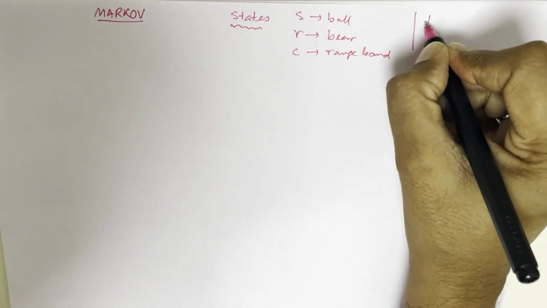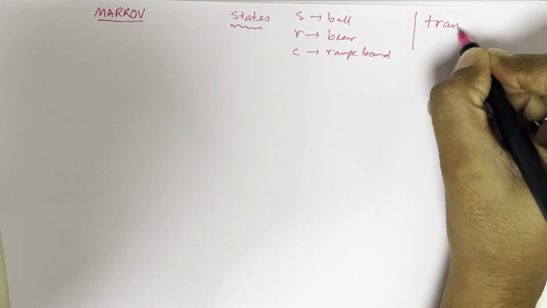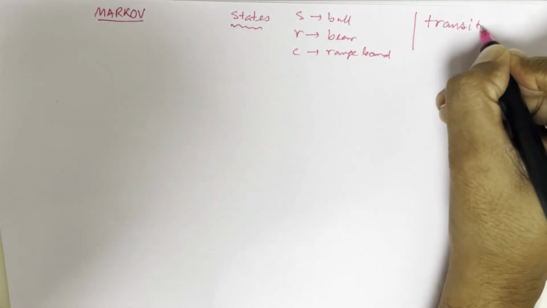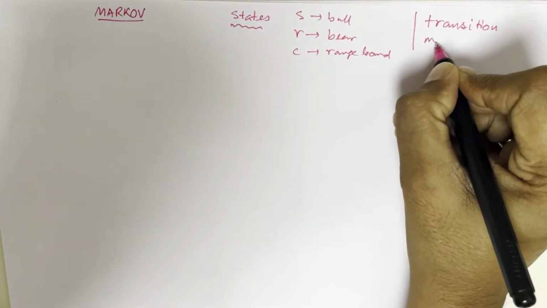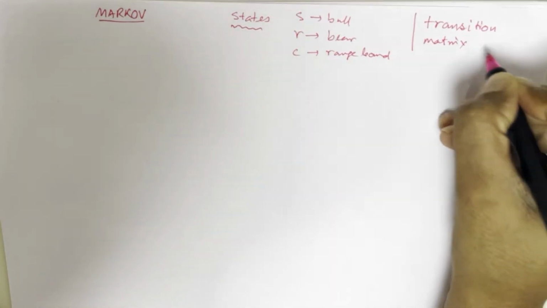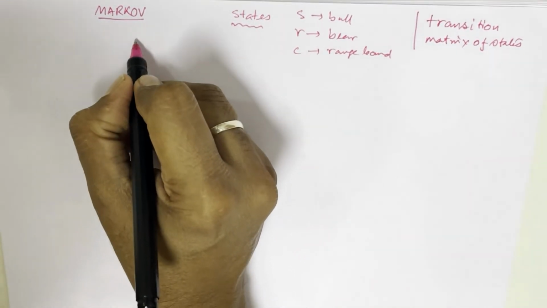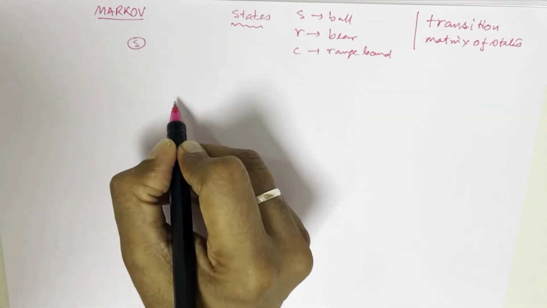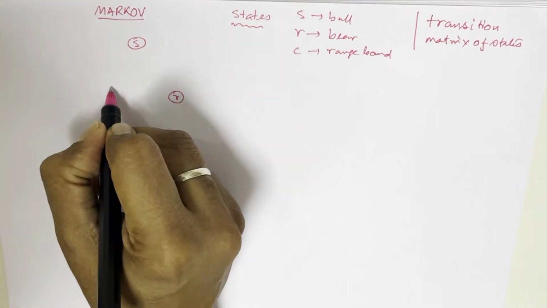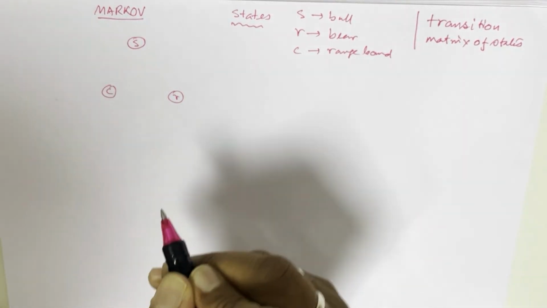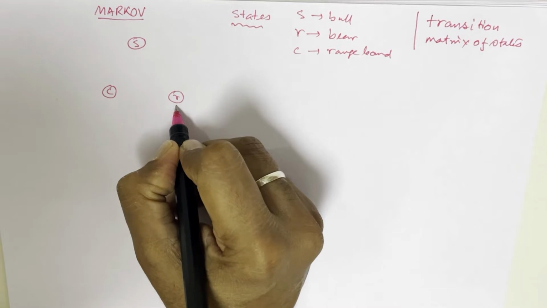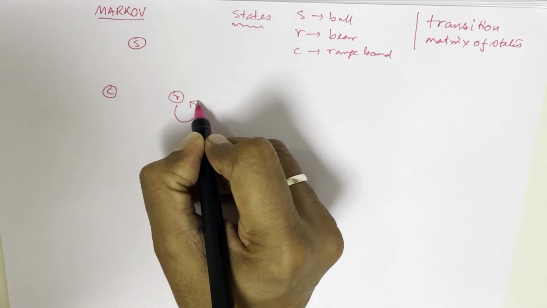What typically a Markov model does is a transition matrix of states. Now watch carefully, this is S, this is R, and this is C. So let's start from R. Now R has a probability of repeating itself.